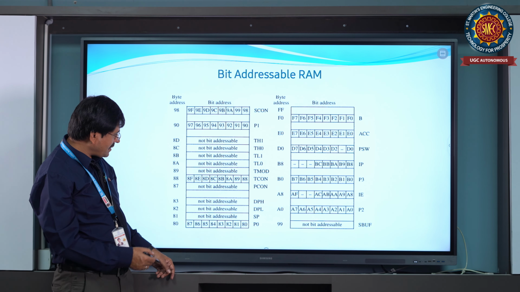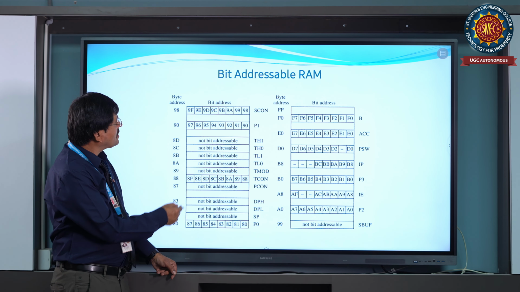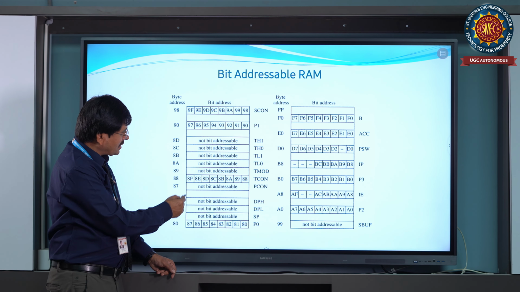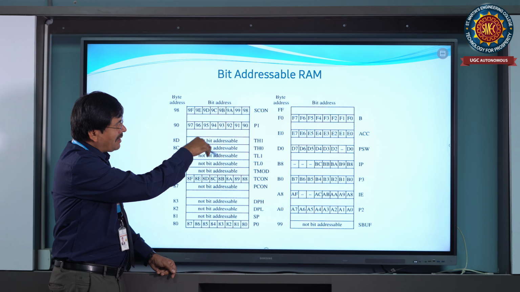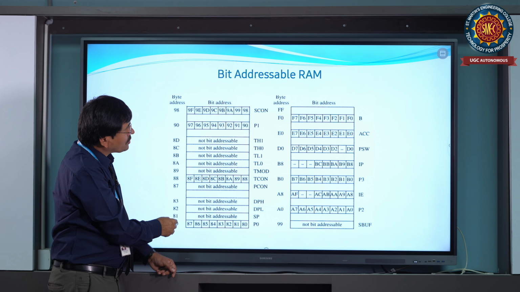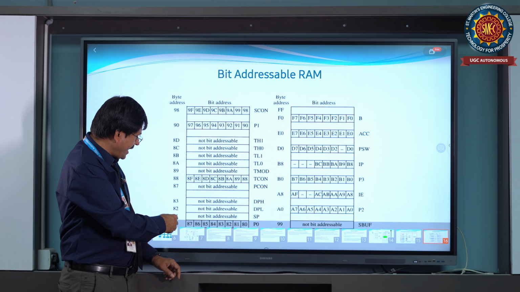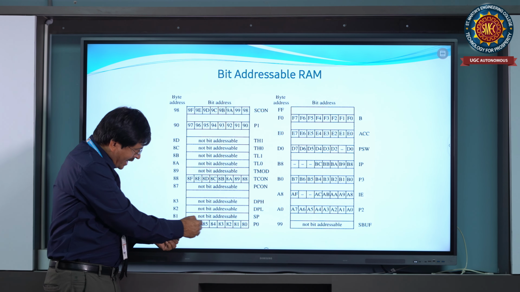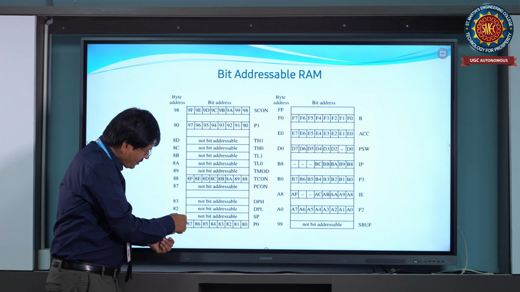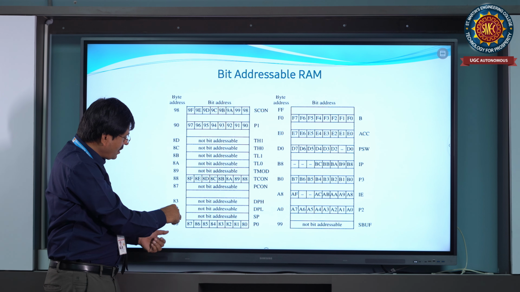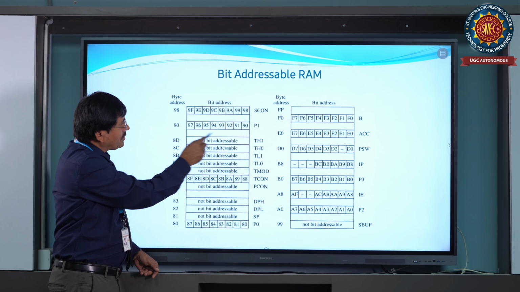And here we can see their occupied addresses now, starting at 80H. So this is the upper RAM structure, and the address runs from 80H to FFH. It is byte addressable, so we can see all of these are byte addressable: 80, 81, 82 up to FFH.